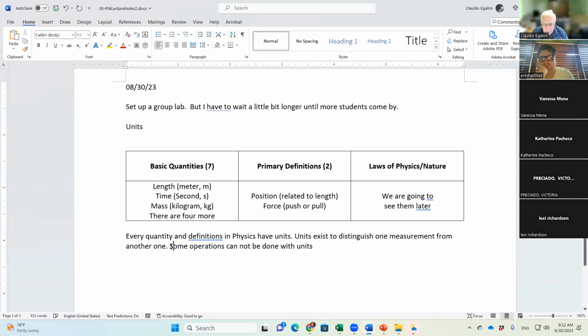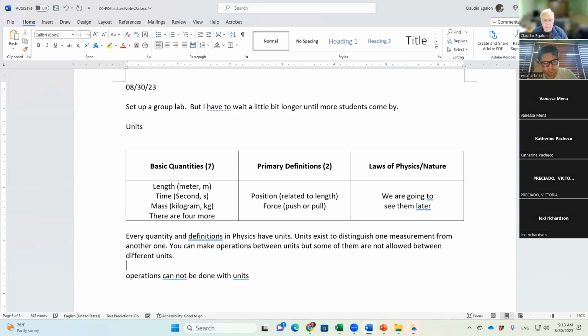Even better, let's put it this way: you can make operations between units, but some of them are not allowed between different units.